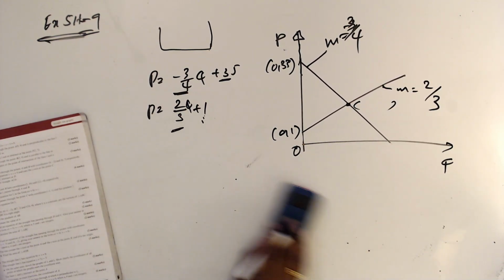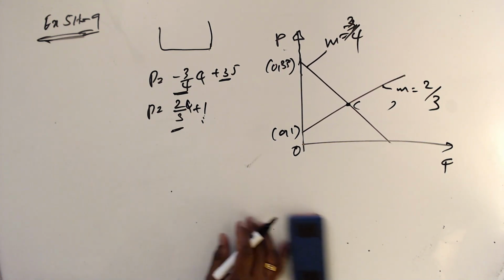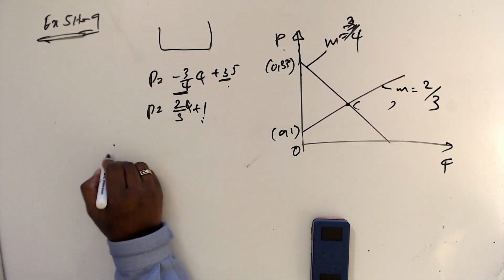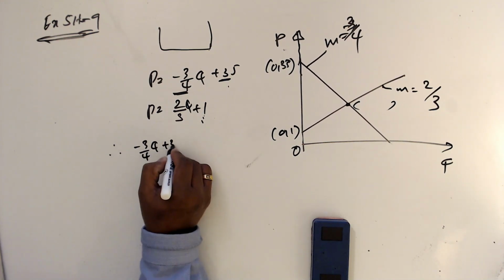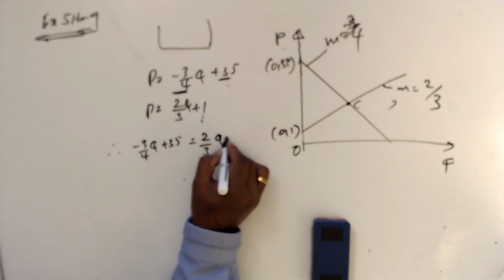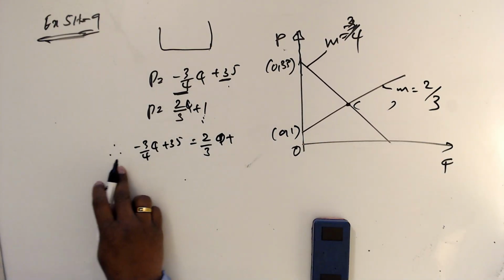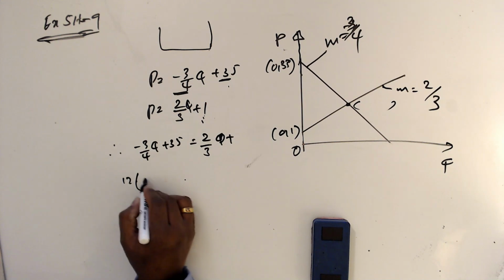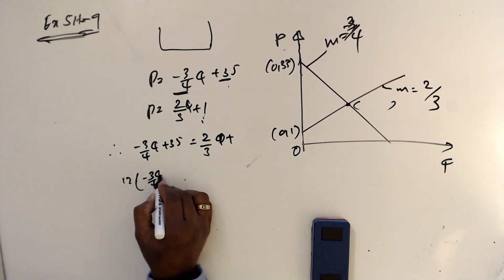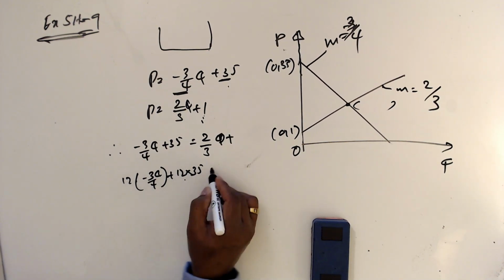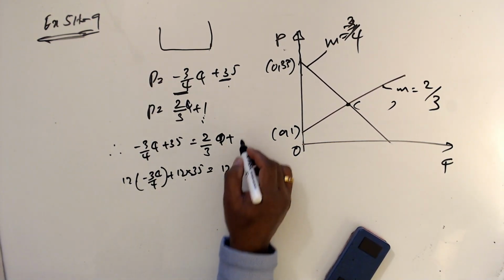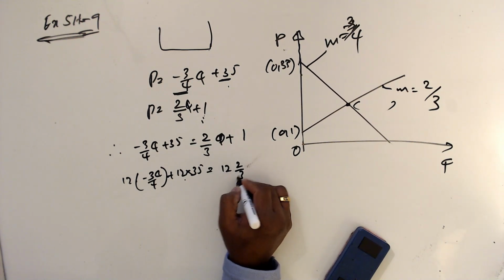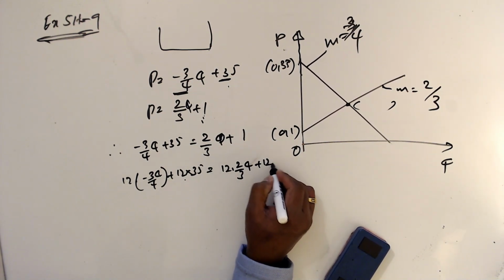So we have to solve these two equations. P equals this one, and P equals this one, so I can write minus 3 over 4 q plus 35 equals 2 over 3 q plus 1. I'll multiply this equation by 12: 12 times minus 3 over 4 q plus 12 times 35 equals 12 times 2 over 3 q plus 12 times 1.